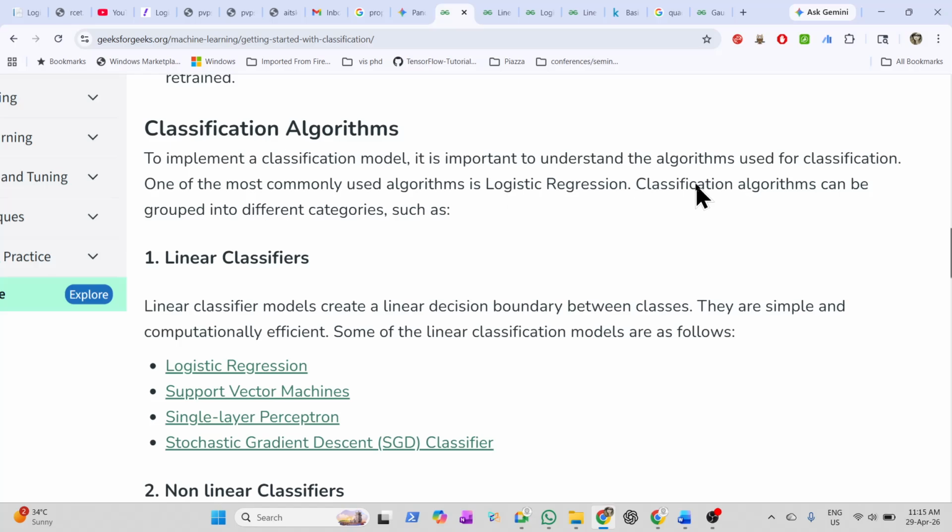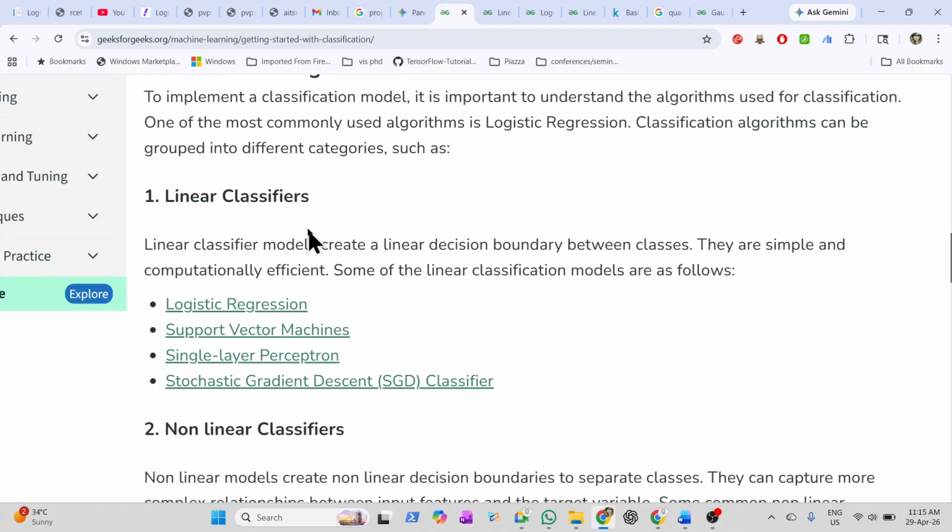And broadly, classification algorithms can be grouped into two primary categories, and these categories are not fixed again. This is one of the categories, with respect to whether you are creating a linear boundary or a non-linear boundary.